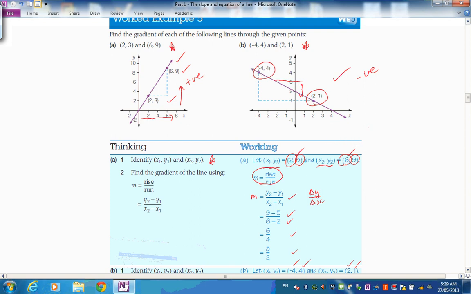It's a fairly simple idea if you remember that we always look at increasing x and observe the change in y. That's the way we handle it mathematically so that it's consistent each time. Increase the value of x, observe the change in y.